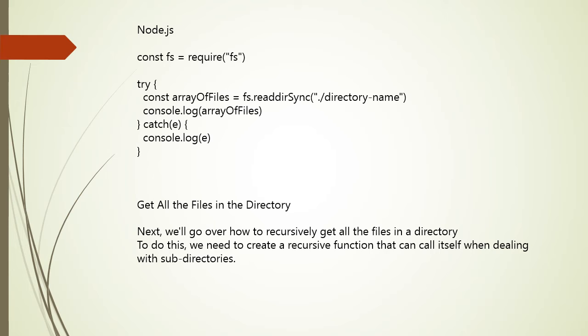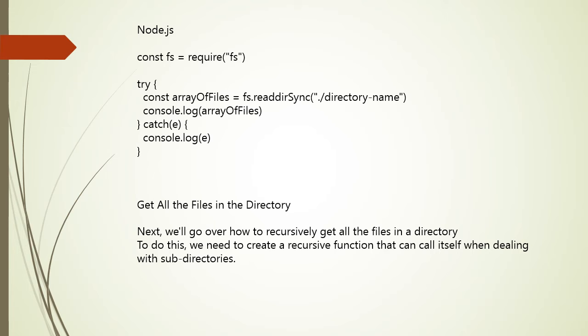Inside the try section, we pass a path to a directory named directory-name to the fs.readdirSync function and hold it in a variable called arrayOfFiles. When that variable is logged, you will have an array of relative file paths to each file and subdirectory inside the directory. The output will look like this.